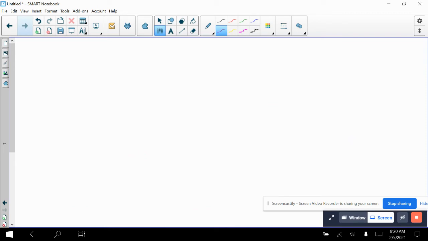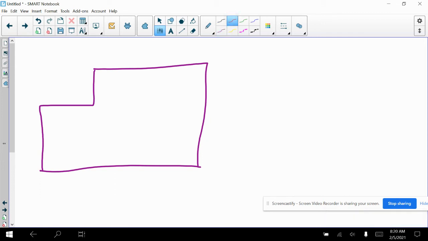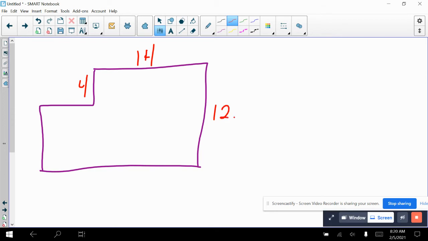Second object. Okay, there's our markings. We'll put feet on these. How's that?